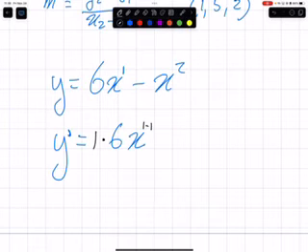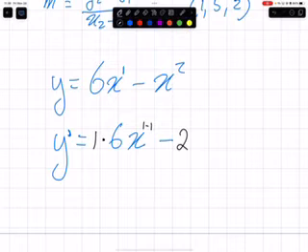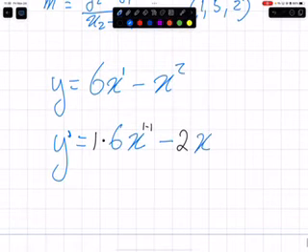It's always minus 1. Subtract 2 times x to the power of 2 minus 1. Always minus 1.